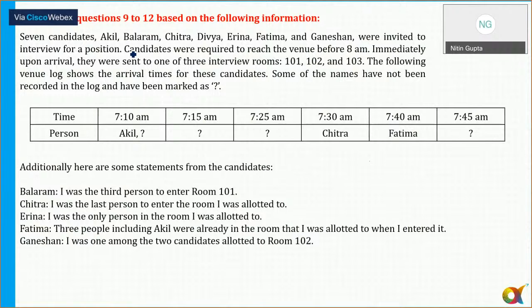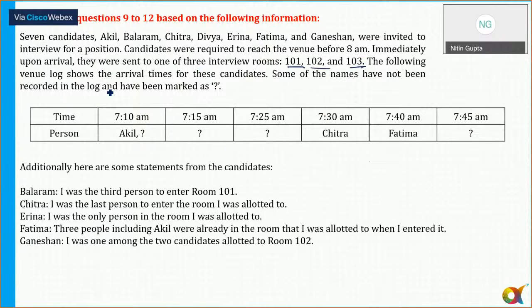So it says, 7 candidates, A, B, C, D, E, F, and G, were invited to interview for a position. Okay, so there were 7 candidates who have been invited for this position. Candidates were required to reach the venue before 8 a.m. and immediately upon arrival, they were sent to one of the three interview rooms, 101, 102, and 103.